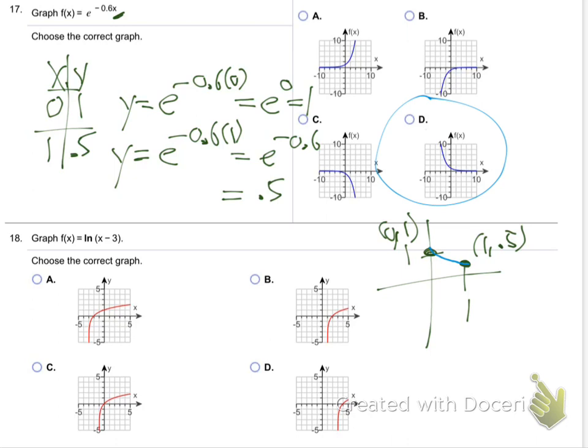18, can you do 18? Same kind of thing. 18's a graph, so just make an XY table. There'll be like 3 graphs. We've had 3, it's our third one. XY table. Put in 0, put in 1. Hit the buttons on the calculator. Pieces of cake. Can't do 1 either.